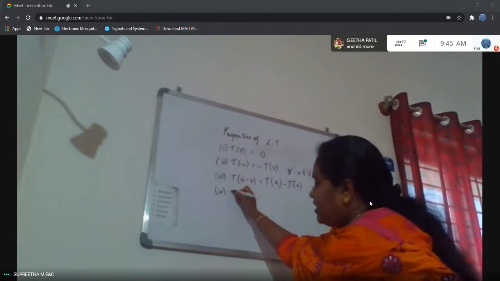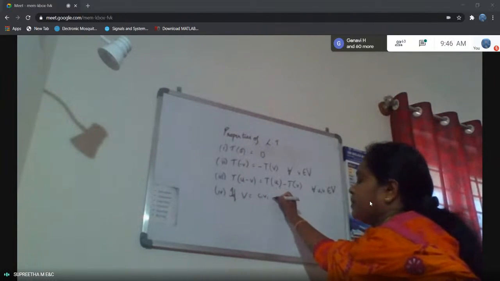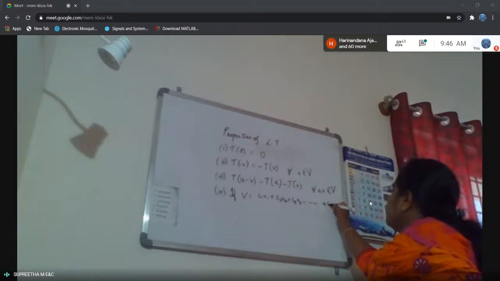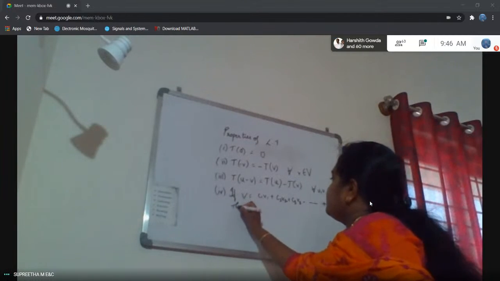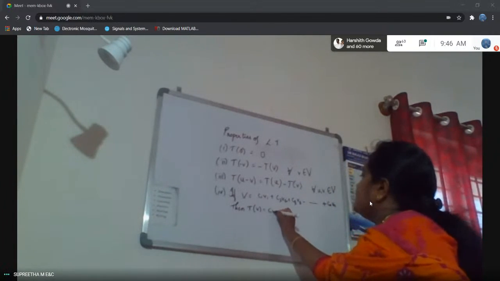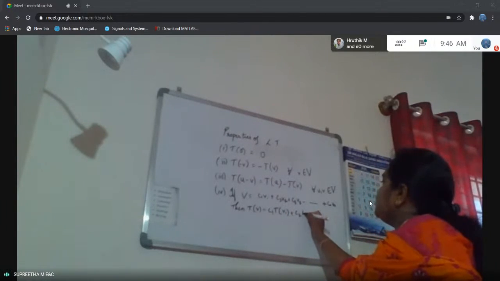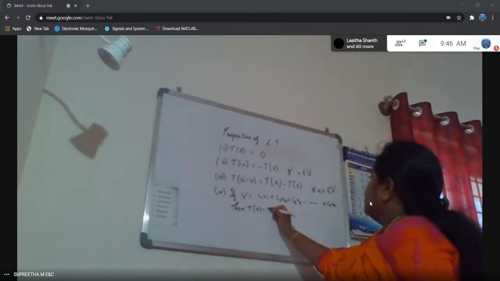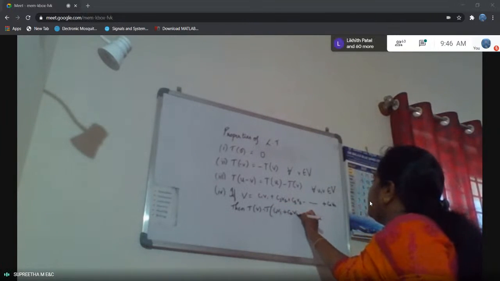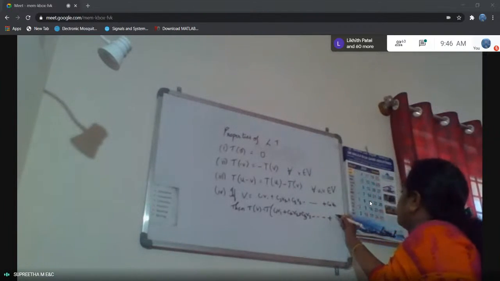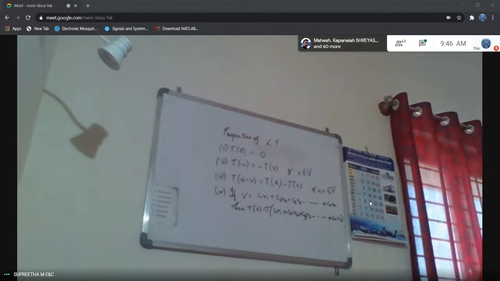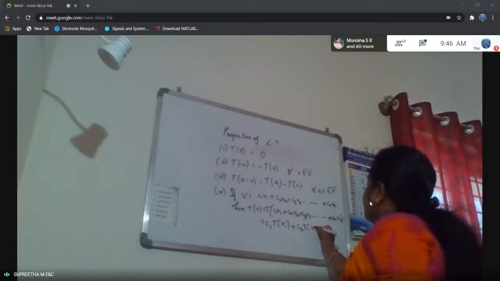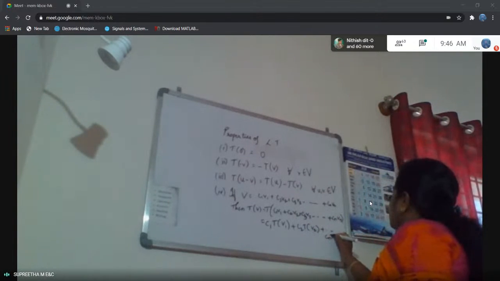That means if my vector v is a linear combination of the vectors v1 to vn, v equals c1 v1 plus c2 v2 plus c3 v3 and so on up to cn vn, then the transformation of v would be c1 times T of v1 plus c2 times T of v2, and so on up to cn times T of vn.